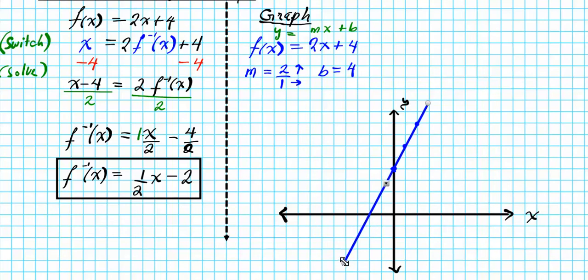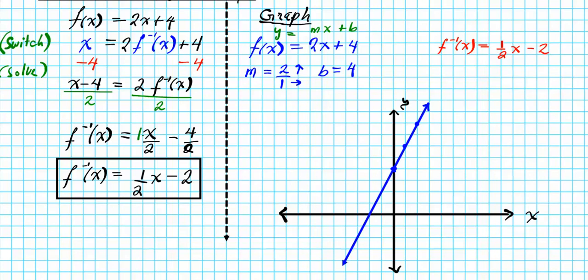Okay, so next thing we're going to do is plot the graph of f inverse. This is f, and then let's graph f inverse. Now, f inverse, we found it earlier. It's right here. f inverse of x is 1/2 x minus 2.